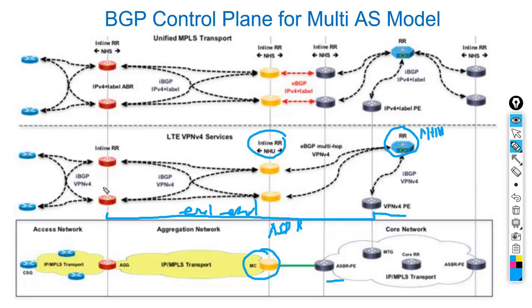AGG also acts as an inline RR router, so it will advertise the VPN route to the CSG router here. So when the CSG router receives a VPN route from the core network, the next hop is the address of the PE router.